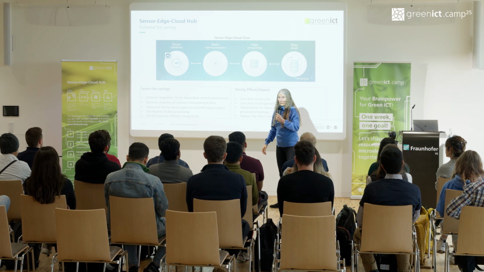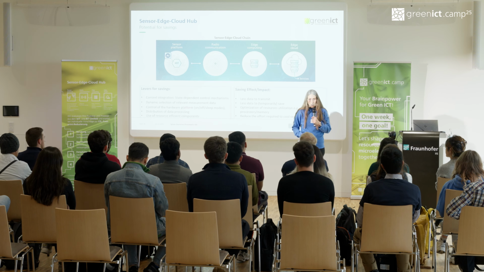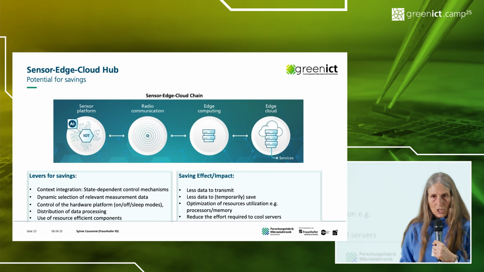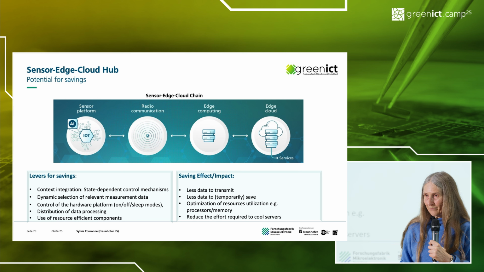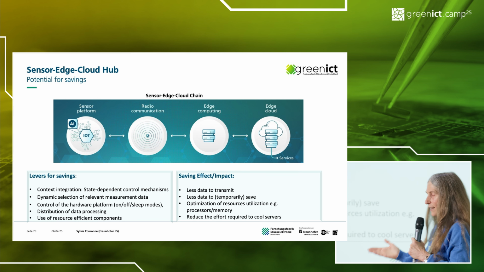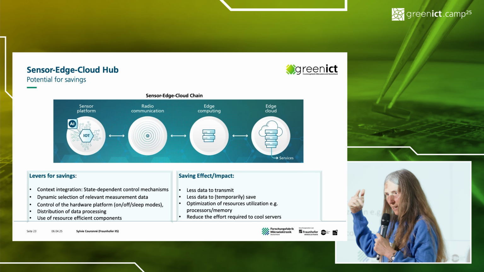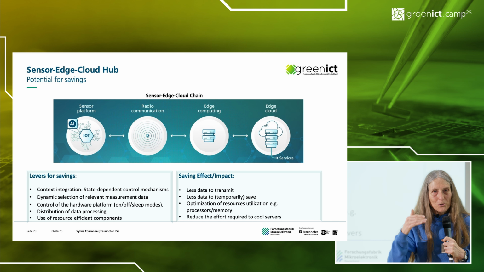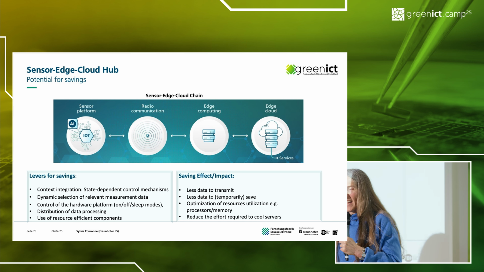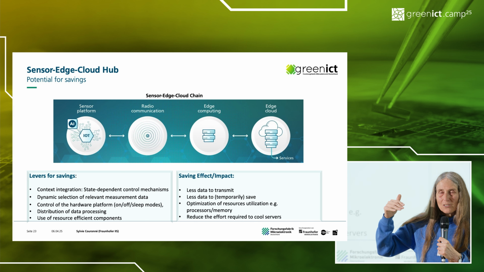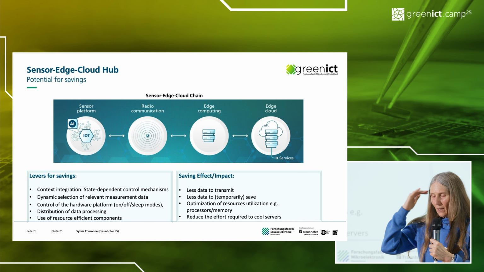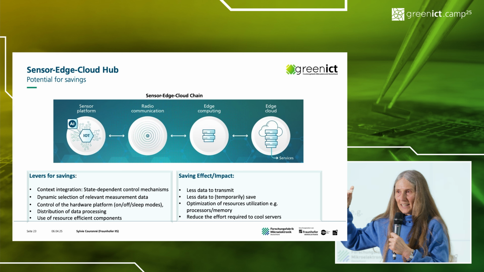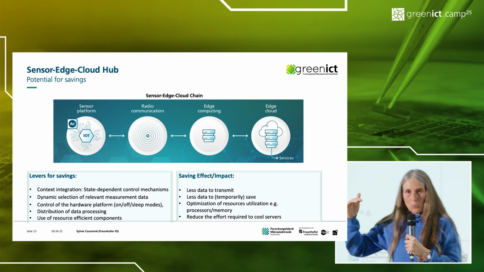The control of the hardware platform. A very easy law: switch off, no energy. And that's the base idea behind putting in some sleep mode. I don't know if you know, in 6G they are talking about network efficiency, and they're introducing sleeping modes.